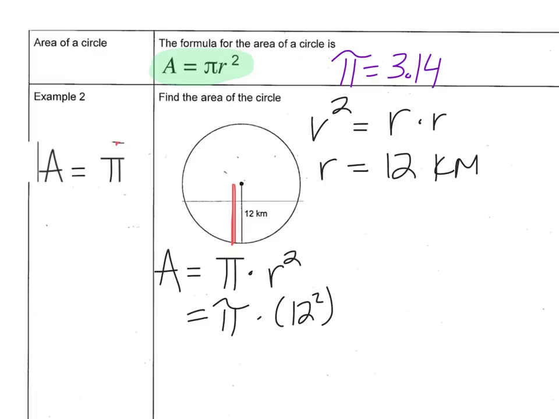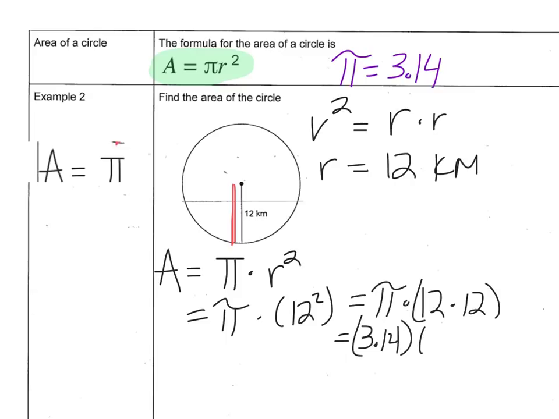So this is really pi times 12 times 12. Substitute 3.14 in for pi. 12 times 12 is 144.